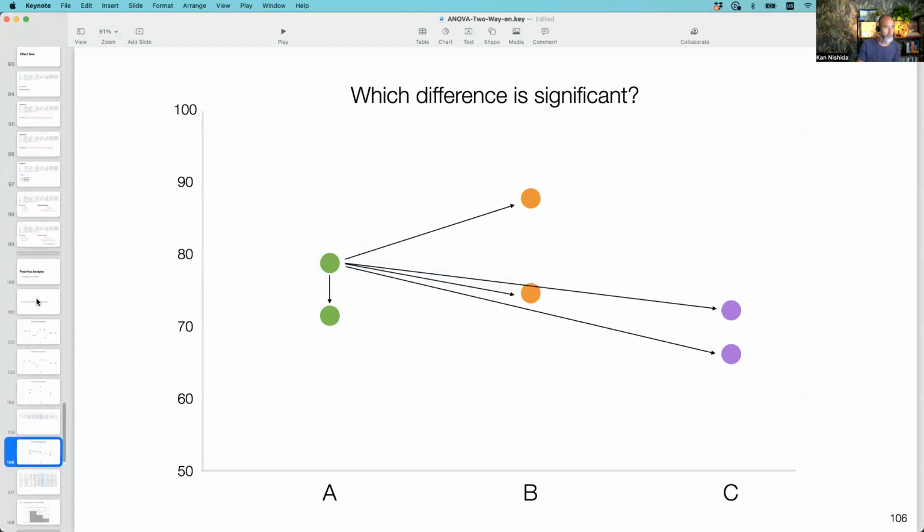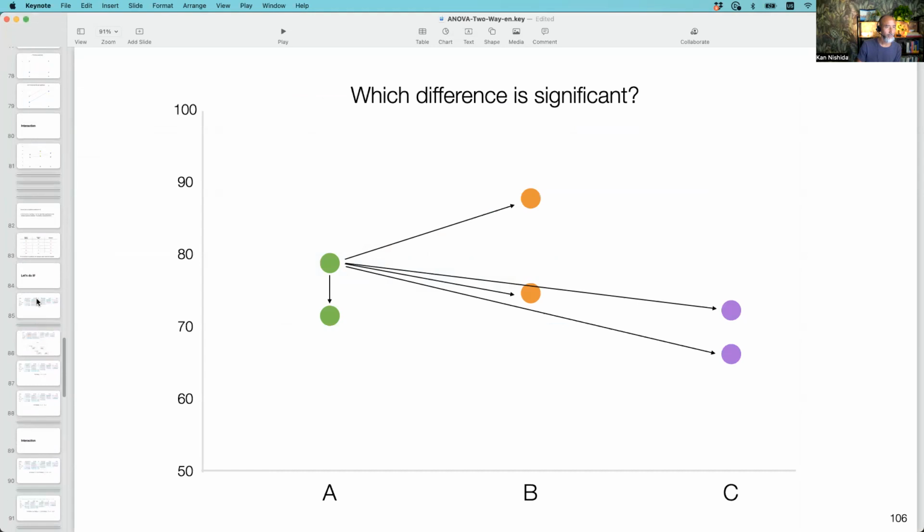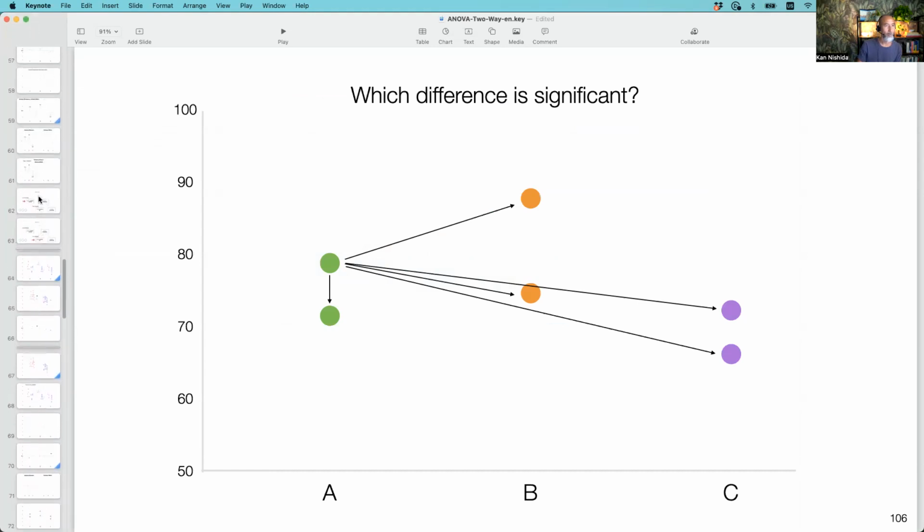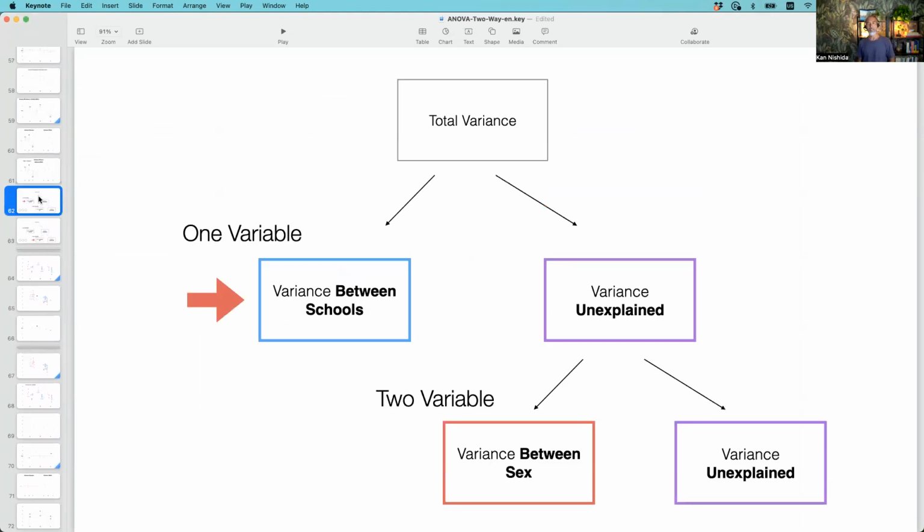To wrap up, there are two things I wanted to touch on. One is this: total variance. ANOVA is all about variance, the comparison of variance, the ratio of variance. You start with the total variance, and one-way ANOVA brings in one variable and calculates the variance between groups and the variance within, or unexplained variance.